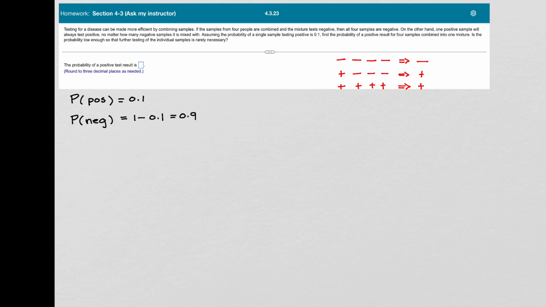We want to find the probability of a positive result. So that means one of these scenarios where we have at least one positive sample within the group of 4. So we want to calculate what is the probability of a positive result for the entire sample, the entire mixture of 4.